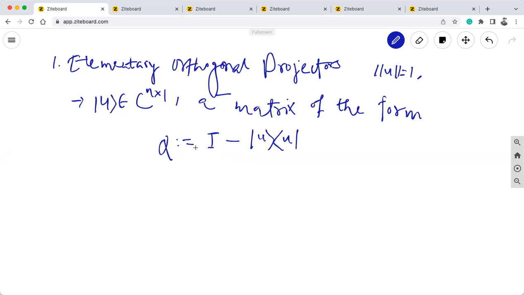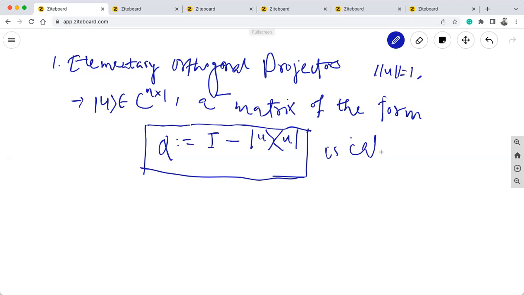This particular matrix is called the elementary orthogonal projector, in short EOP.